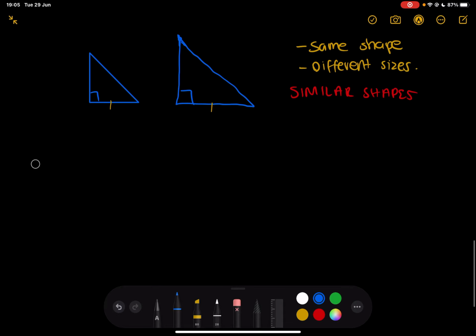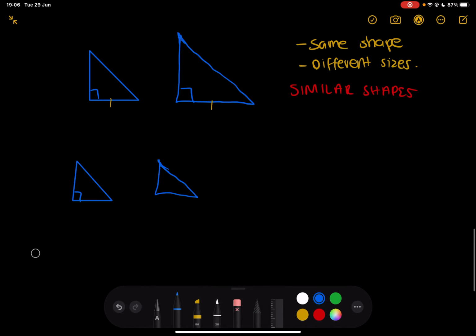If we use the same shape as the last example, sorry for my drawings, but these are the same shape and they are the same size.